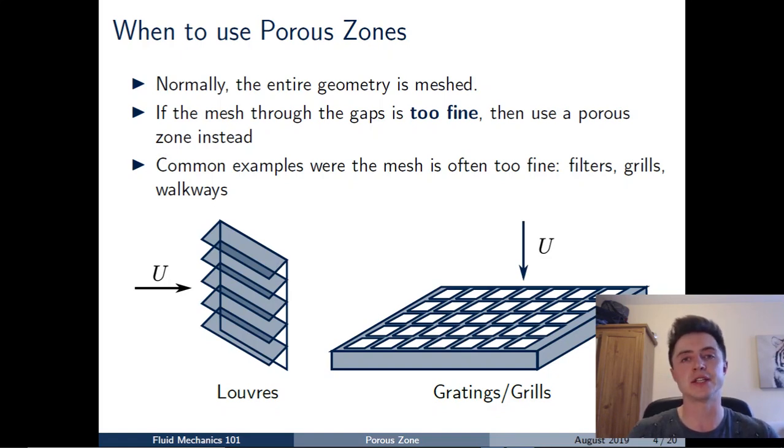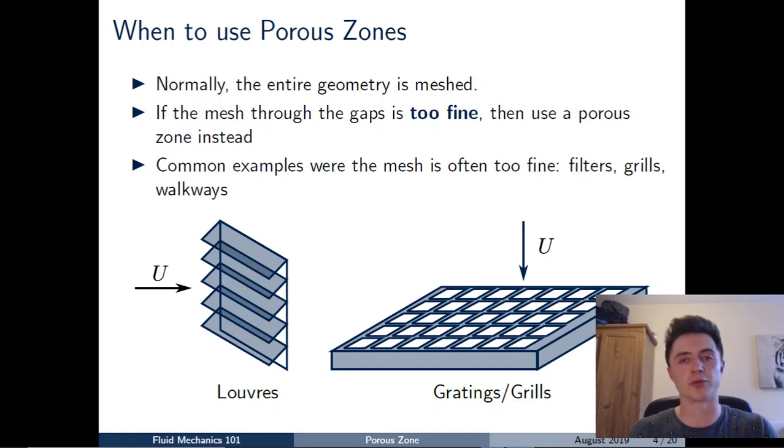It's under these situations, when the mesh is too fine to be practical to fit through all of the gaps, that we would consider using a porous zone instead of meshing the actual geometry. So always remember when setting up your simulation that the first priority should be to mesh the entire geometry. However, if you can't generate a sufficient mesh, then consider using a porous zone instead.